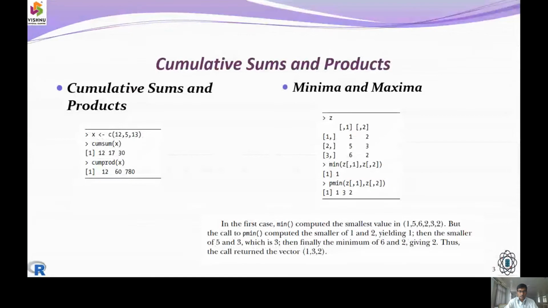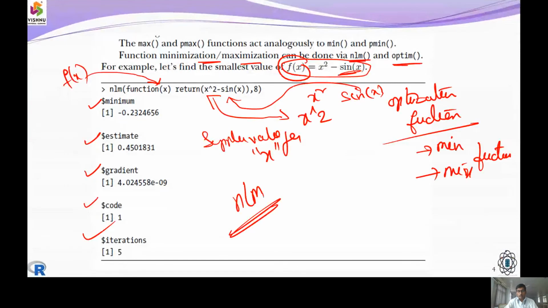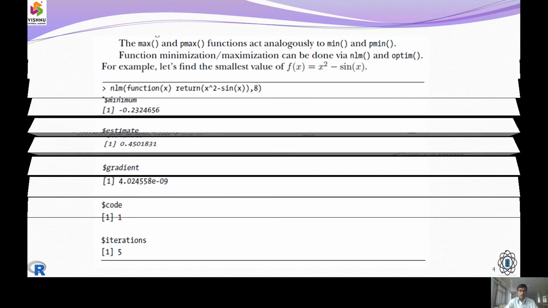And we noted how it is going to work. For optimized functions, it uses nlm, to find the minimum value and the maximum value for building a relation in optimization theory.